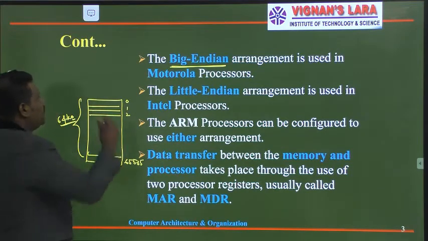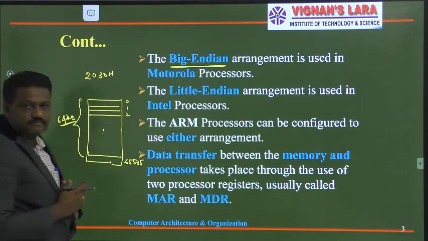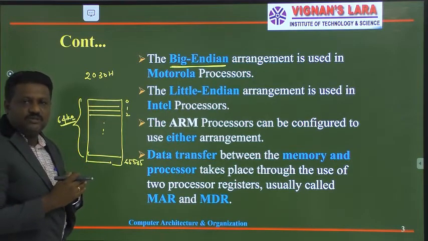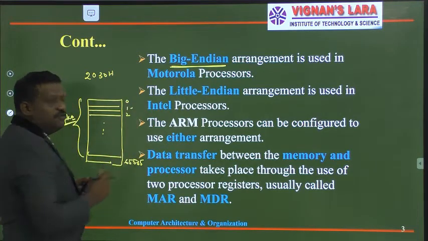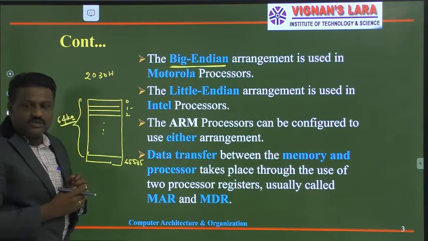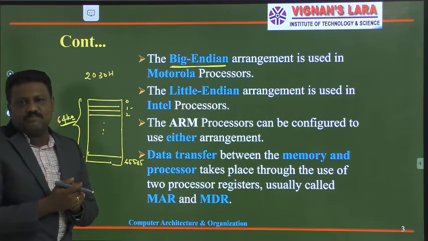For example, my data is 2030H. My aim is to copy this 2030H into the memory from location address 1 onwards.